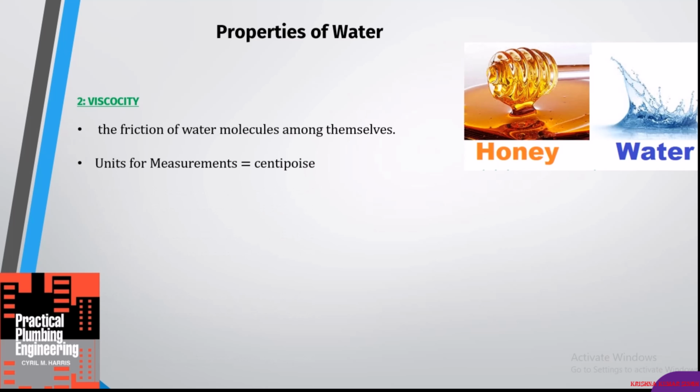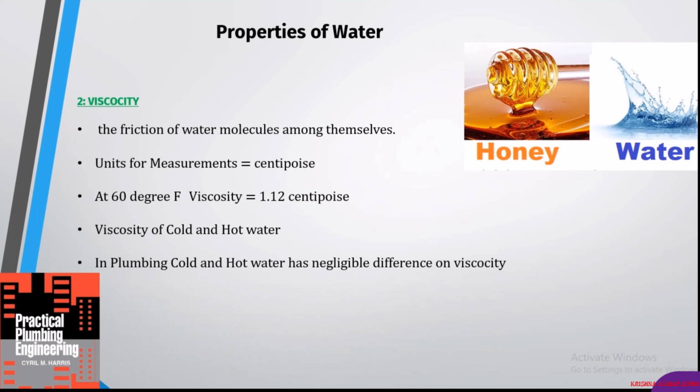The unit for measuring the viscosity is centipoise, and at 60°F, the viscosity of water is 1.12. Now, in plumbing systems, if you deal with hot water or cold water, it doesn't make any change to the viscosity of water, right?